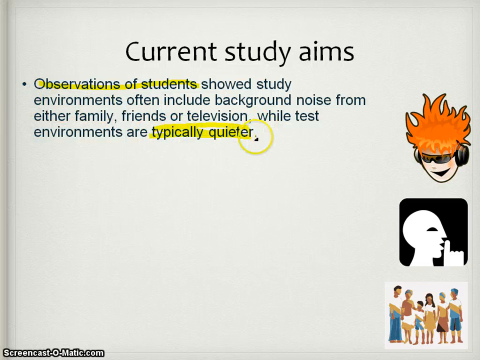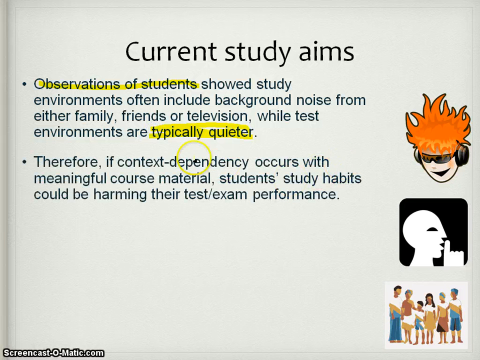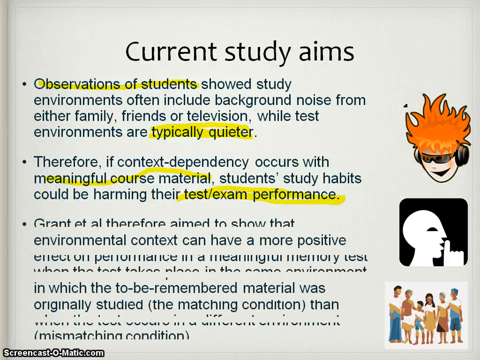The fact that we're learning in noisy environments and trying to recall in quieter ones. So if context dependency occurs with meaningful course material, so actual academic information that you've got to learn, student study habits could be harming their test, exam or performance. So they're saying if you are revising in a noisy environment with background noise and then you're recalling in a silent exam hall, then are you impacting your exam performance?